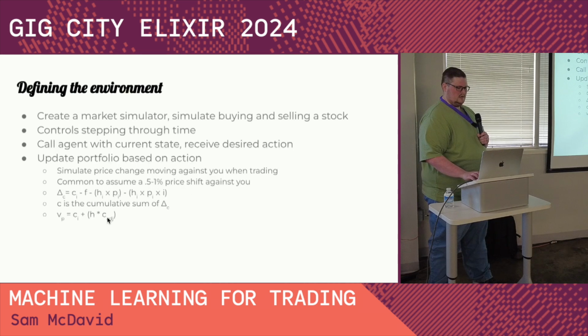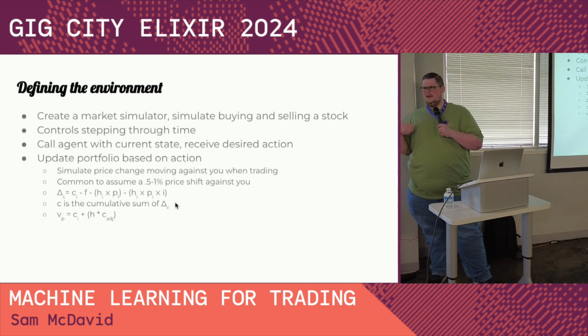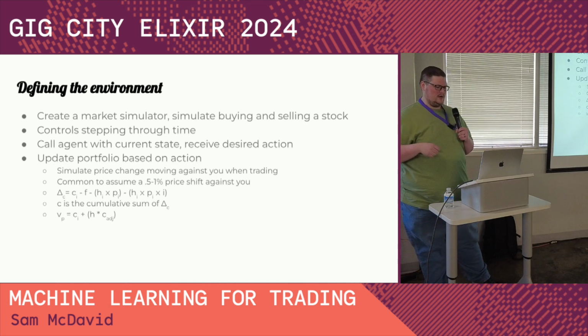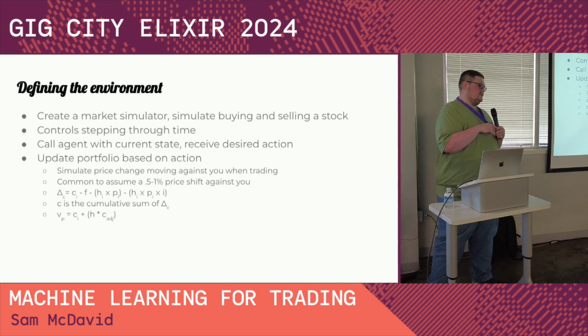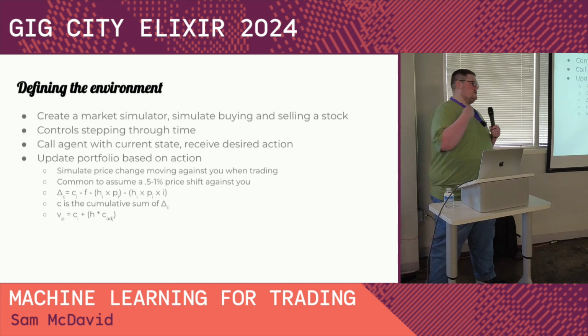C adjusted is down here. So you calculate this every day. You take the cumulative sum in order to figure out how much cash you have. You compute the value of your portfolio, and the returns that you give the agent are the daily returns.